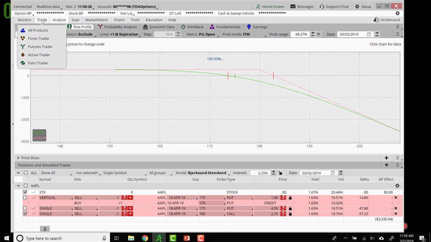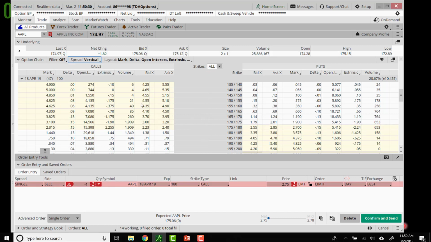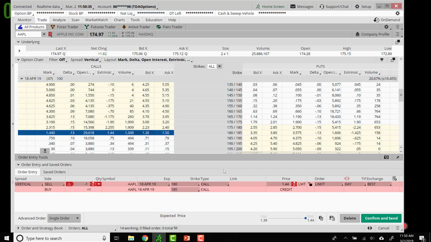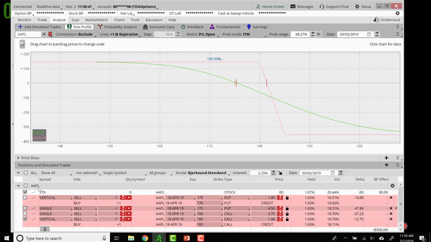But if I were to convert it into a spread instead of a single, let's say I sell a 180 and 185 call vertical spread, this is how the profit and loss diagram will look. Now my maximum profit potential is the initial credit received, which is $144.